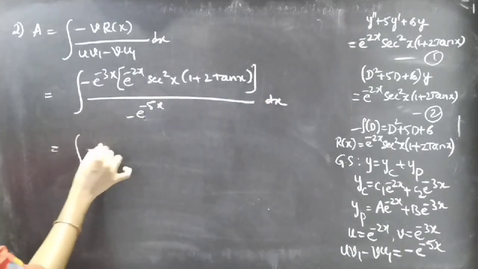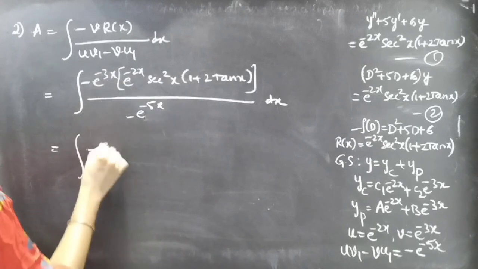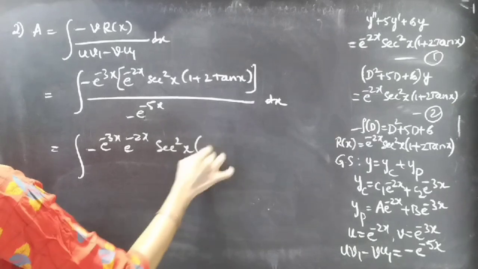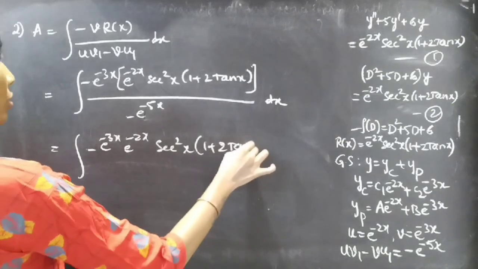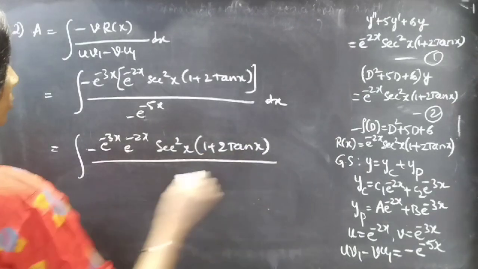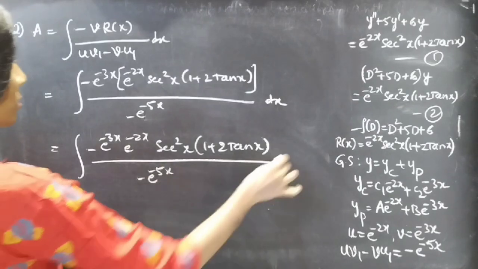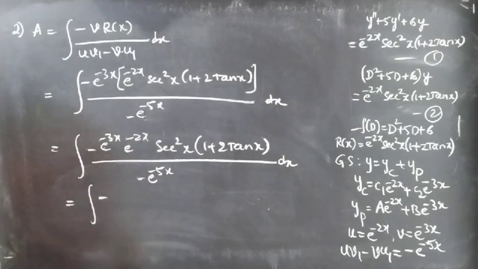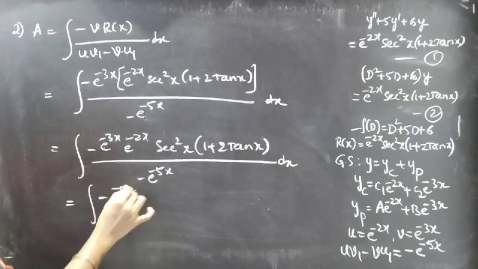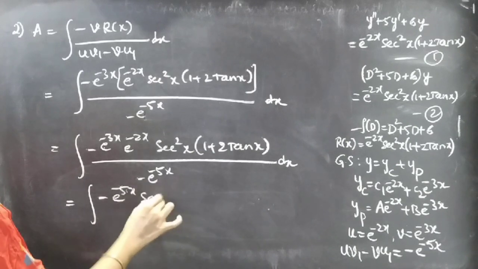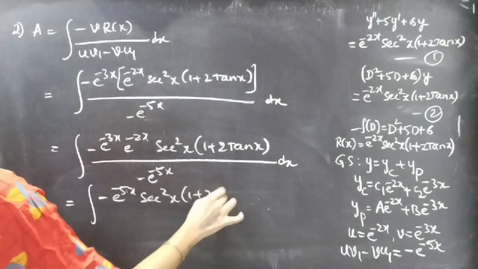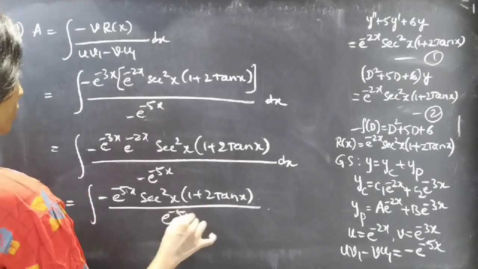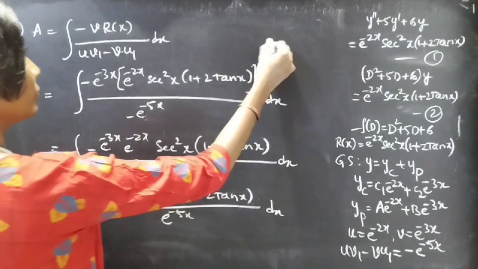This gives us integral minus e power minus 3x into e power minus 2x, which is e power minus 5x, secant square x of 1 plus 2 tan x by minus e power minus 5x into dx, right?